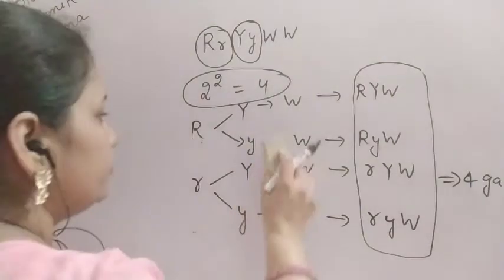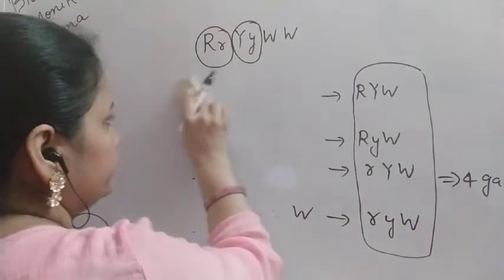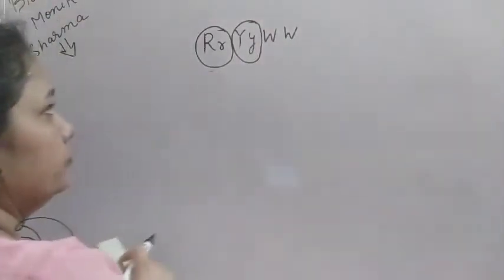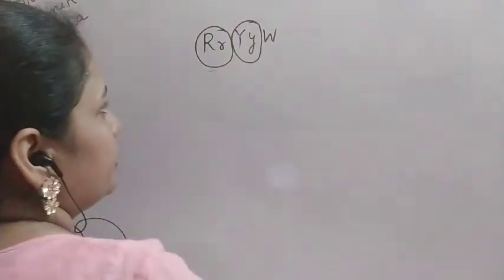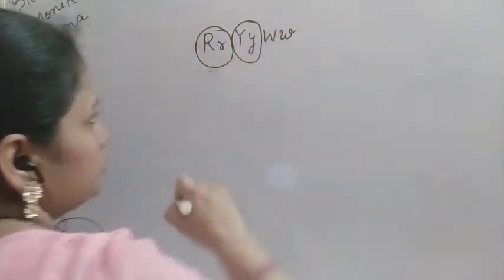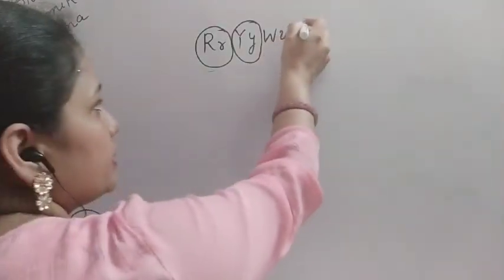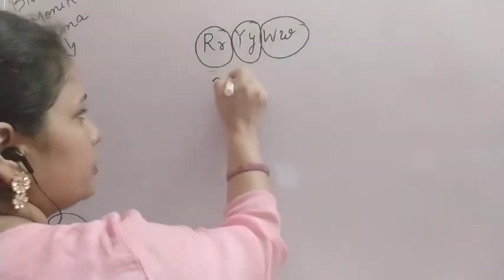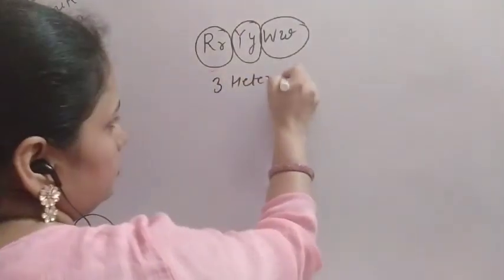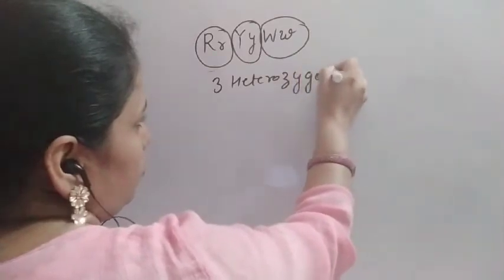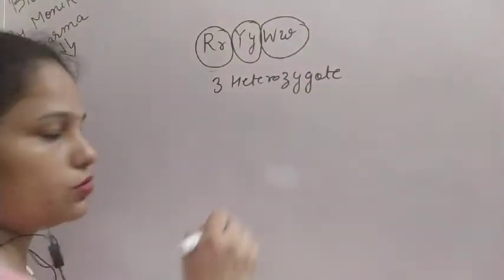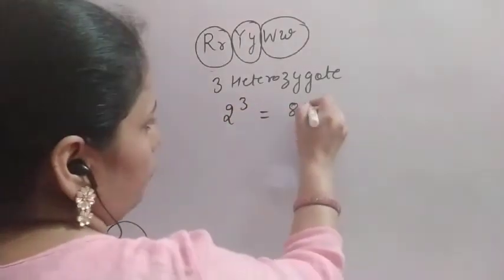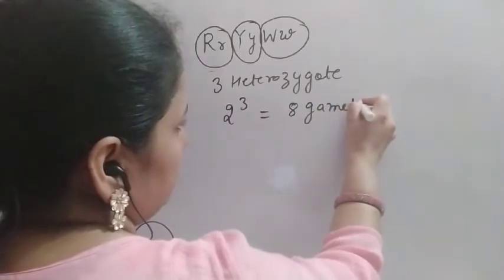Now we are taking the other example. If I am taking here the heterozygote, how many heterozygotes are here? There are 3 heterozygotes. So if 3 heterozygotes are there, 2 raised to power 3 means how many gametes are formed? 8 gametes.